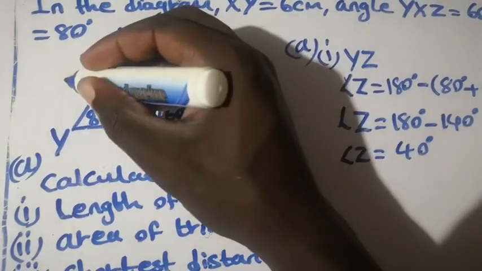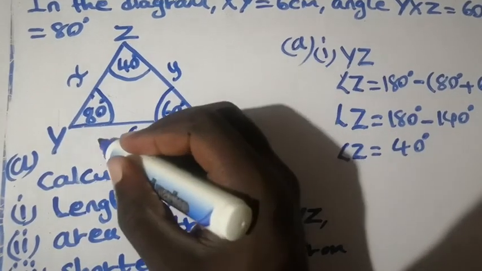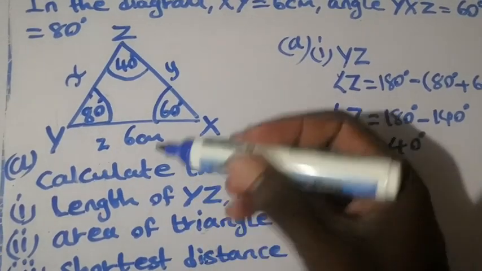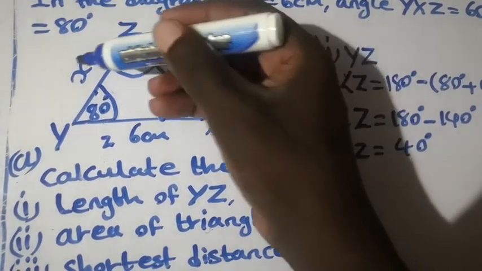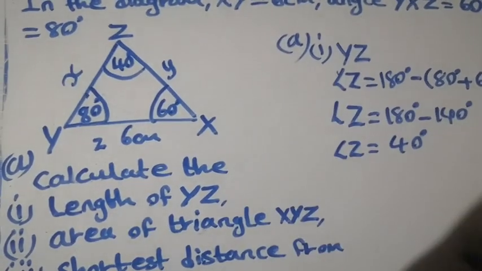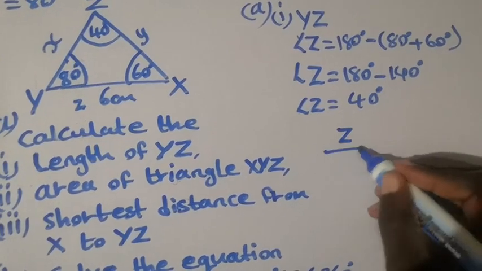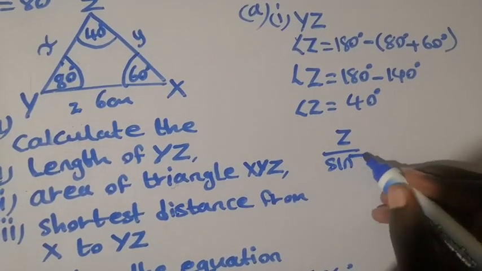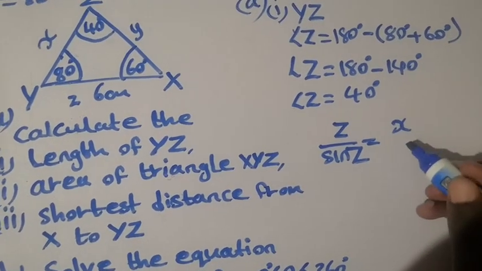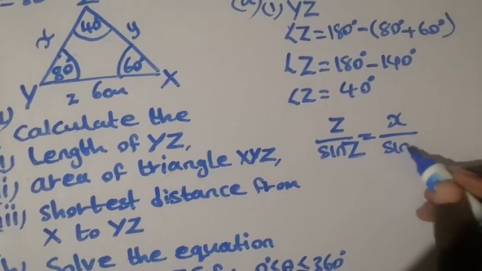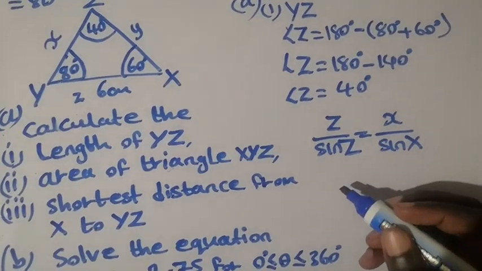We are going to identify the corresponding sides: small letter x, small letter y, and small letter z. We are only interested in z, sin Z, and x, sin X. So small z over sin capital Z equals small x over sin capital X, according to the sine law.